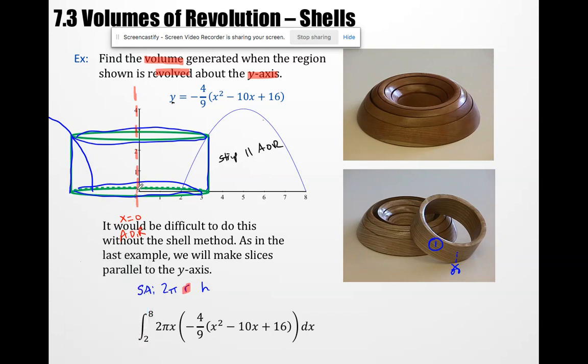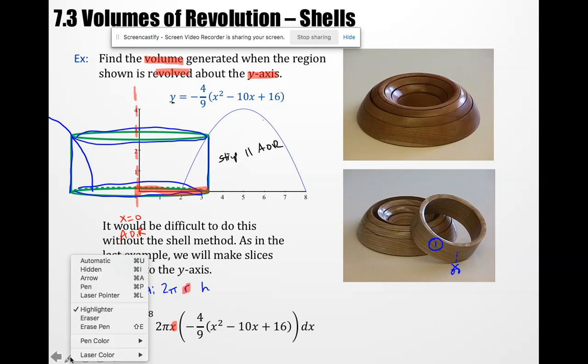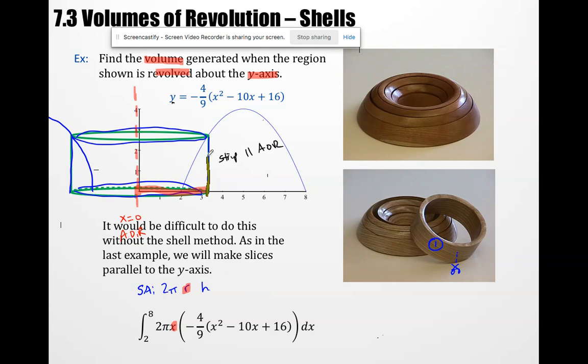The radius is measured from the axis of rotation out to my strip. That's an x. The height is from the bottom of the shape to the top of the shape.